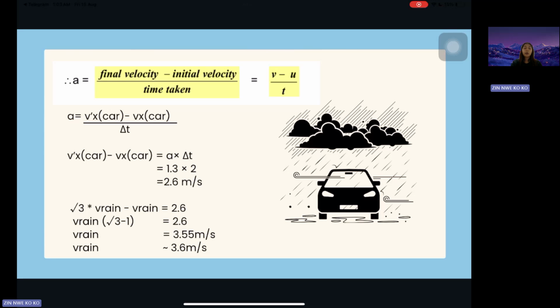So we get a equals root 3 minus 1 times the speed of the rain over time. So we get the speed of the rain equal to 3.55 meters per second. So the rain falls vertically at about 3.55 meters per second. The only reason the streak angle changes is because the car's horizontal speed increases. The vertical speed of the rain never changes.